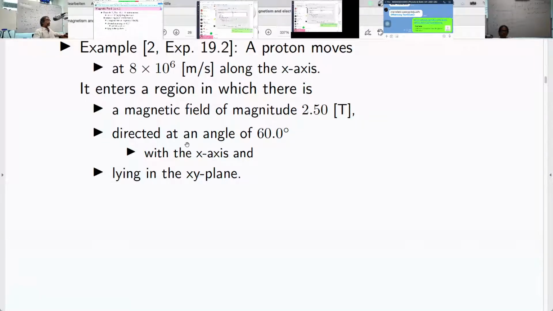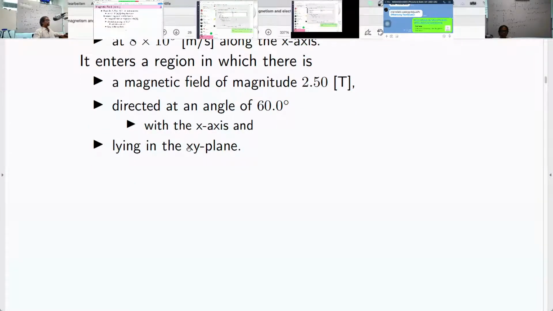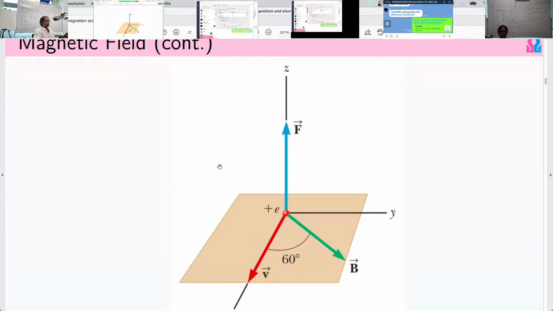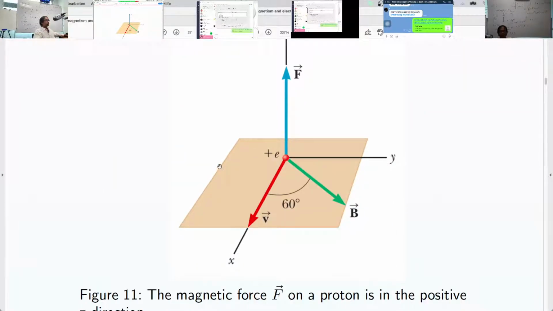The proton moves along the x-axis, but the magnetic field is not exactly along the x-axis. But both the magnetic field and the proton motion vector lie in the same plane, which is the xy plane. If you cannot completely understand, let's take a look at this figure. Okay, the magnetic field. Can you see that in Zoom? The monitor is a little bit smaller, right?